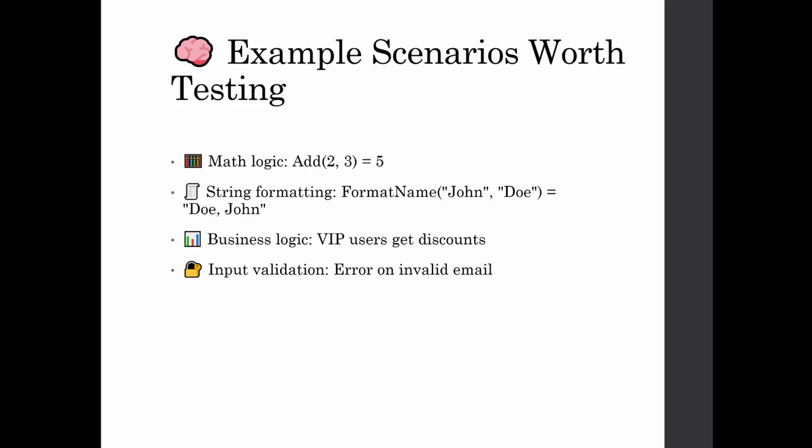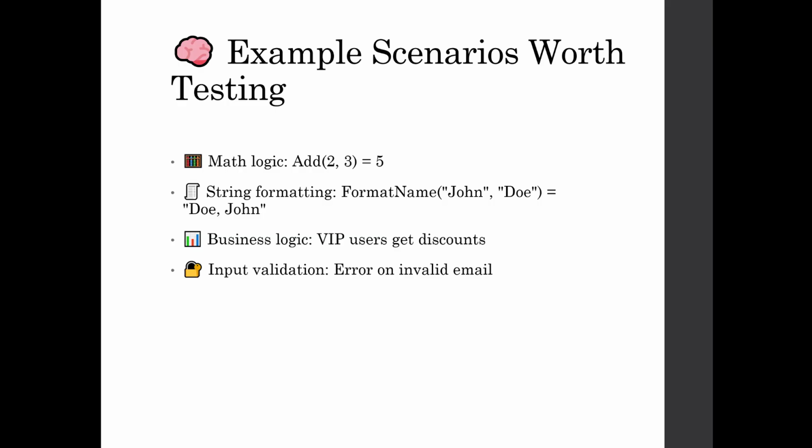And I know I'm using really simplistic examples here of adding 2 and 3 and getting 5, but if you are writing banking software or software that actually does mathematical functions, like builds graphs for algebra tutoring or something, please make sure that you've actually checked those formulas and they're returning the correct values.